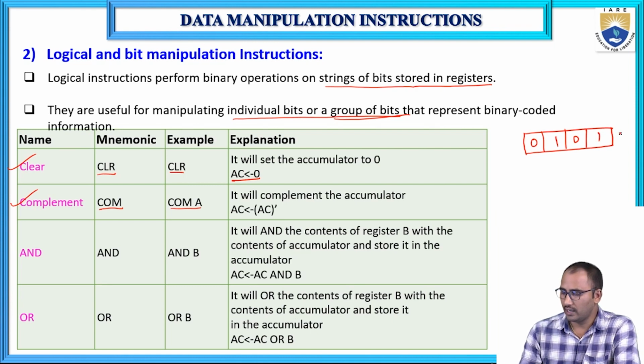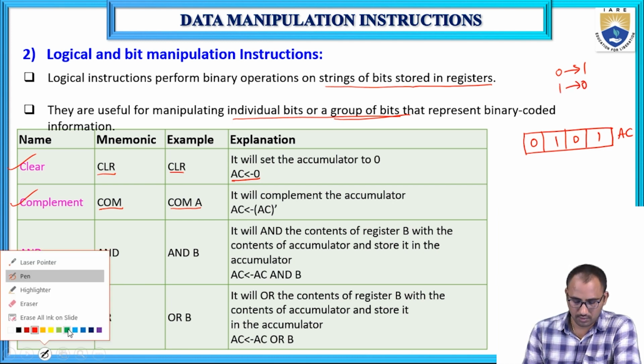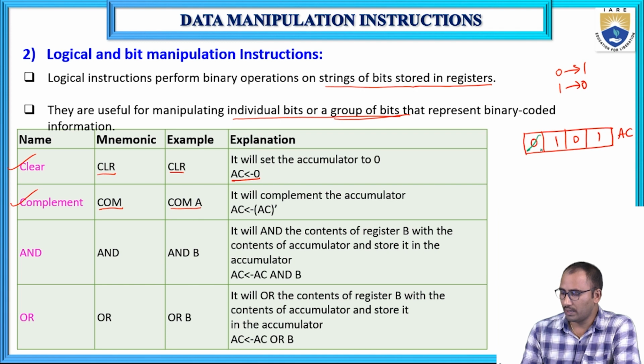If you perform a complement operation, its content will be complemented. That means 0 becomes 1 and 1 becomes 0. So 0 becomes 1, 1 becomes 0, 0 becomes 1, 1 becomes 0. This is the data after the complementing operation.